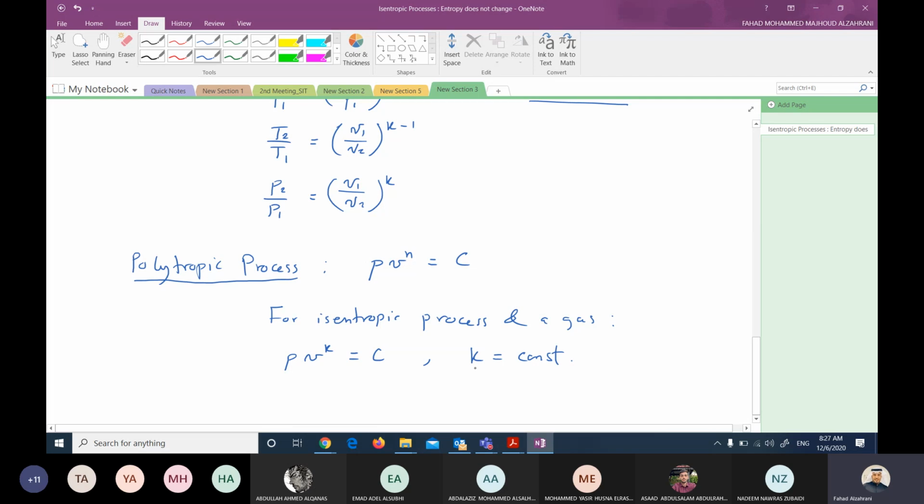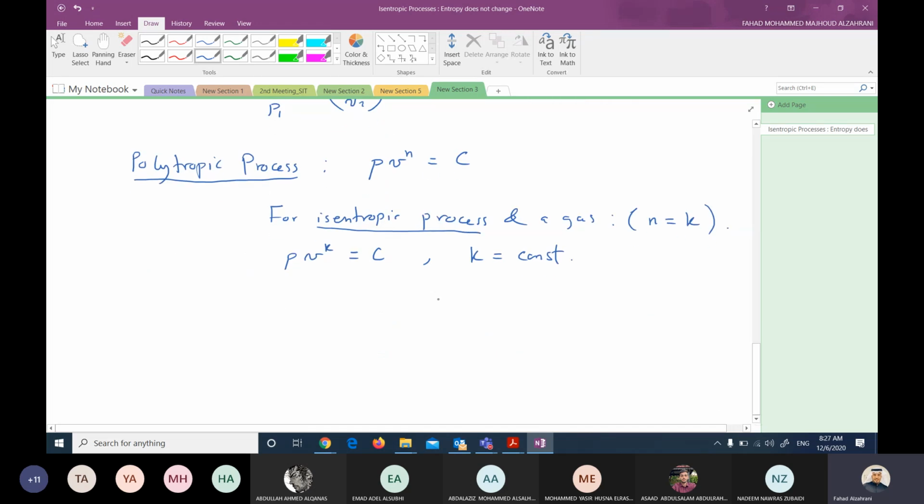K is basically the specific heat ratio. So for an isentropic process, n equals k.